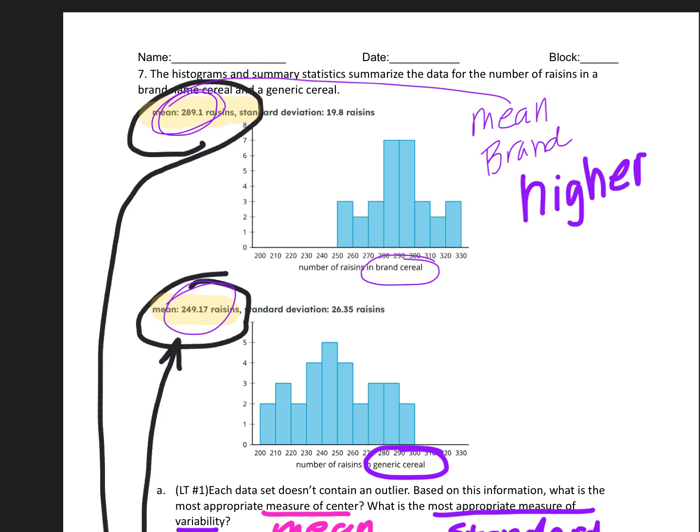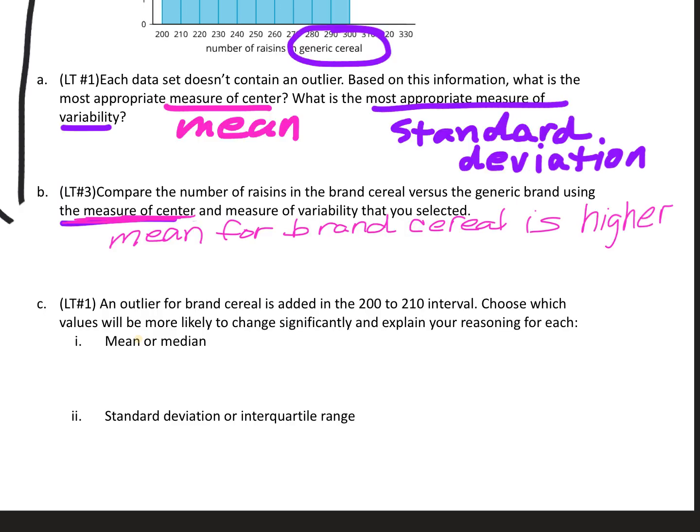And again, it's given to me right here because that one is 289, whereas that one is 249. So the mean for the brand cereal is higher.